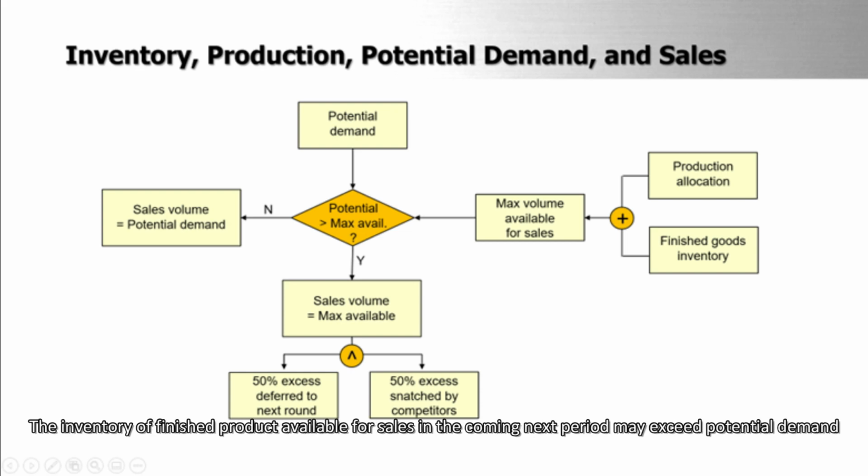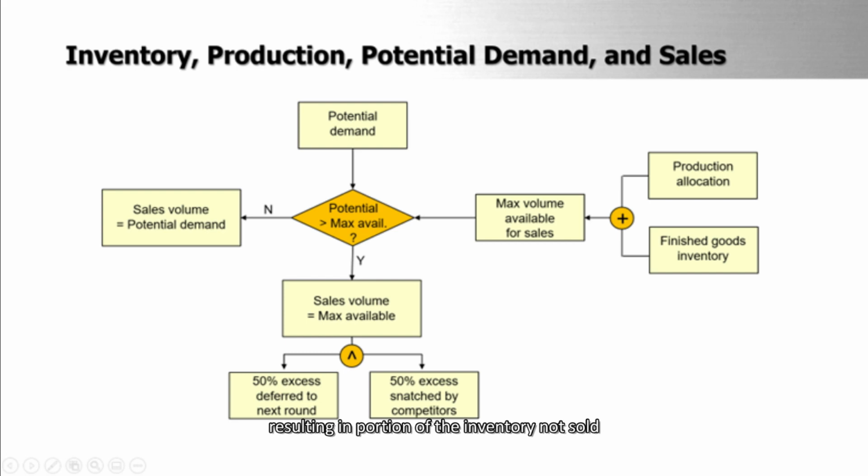The inventory of finished product available for sales in the coming next period may exceed potential demand, resulting in a portion of the inventory not sold, or it may lag behind the potential demand, resulting in a sold out and therefore not capitalizing in full what the potential demand permits. Potential demand not met will go to the competitors that have the inventory to meet.